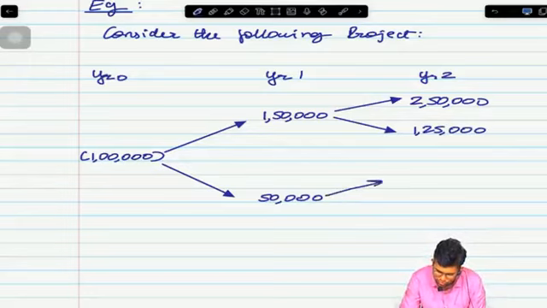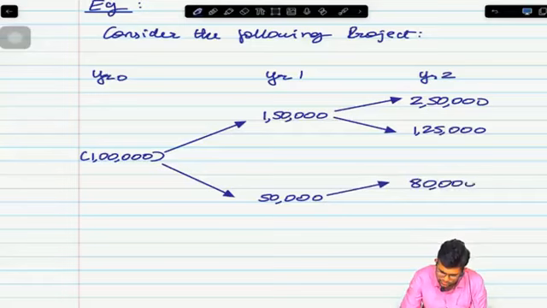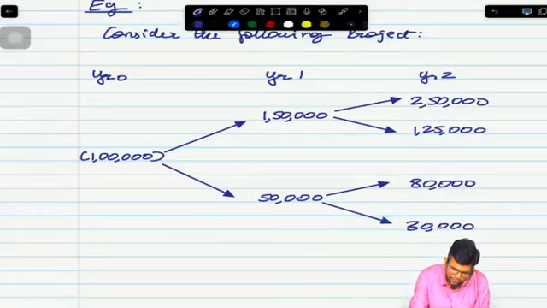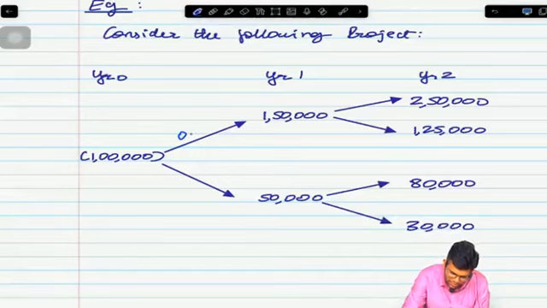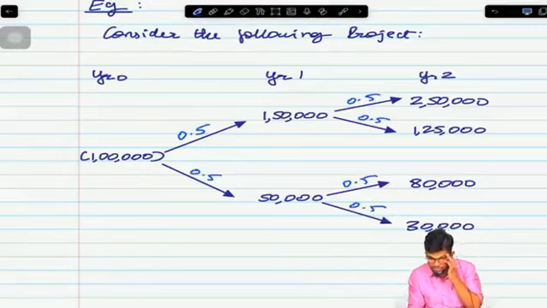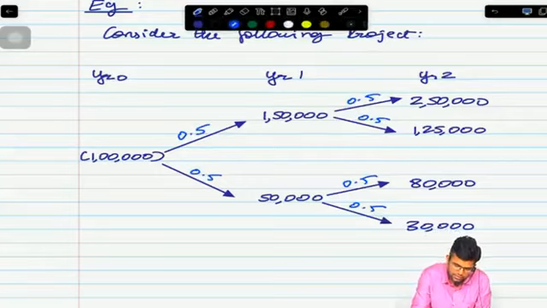This can grow to either 80,000 or this can drop to 30,000. Probabilities I am only giving you. We will not enter into all that calculation. It is giving random probabilities: 0.5, 0.5, 0.5, 0.5. Let's not worry much there. The P's are given.